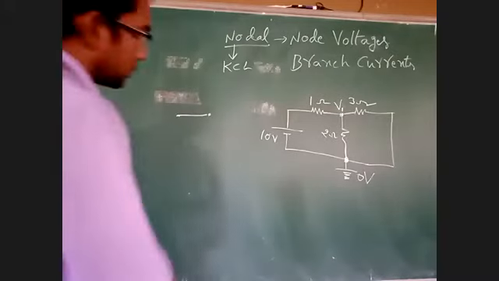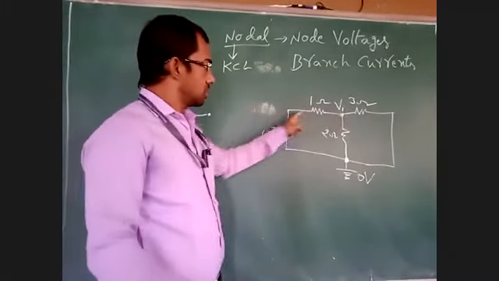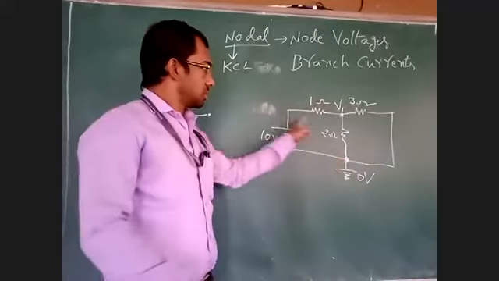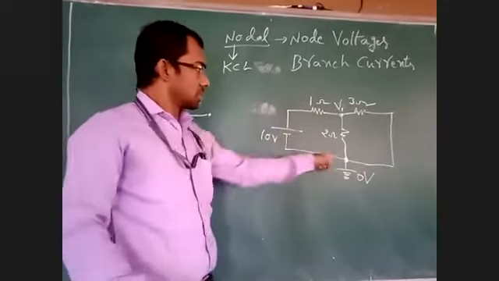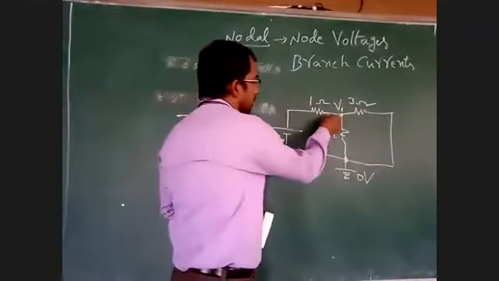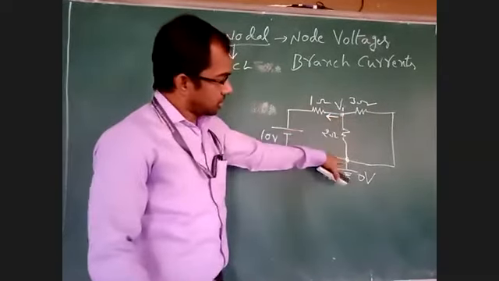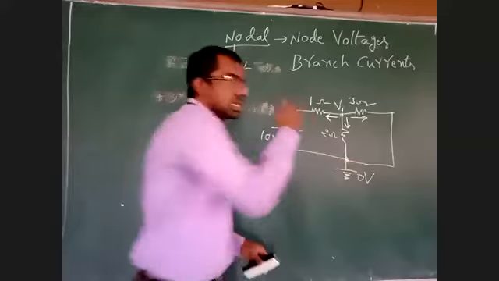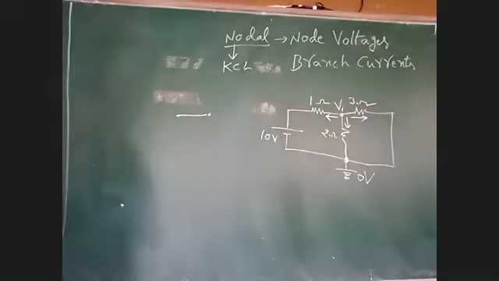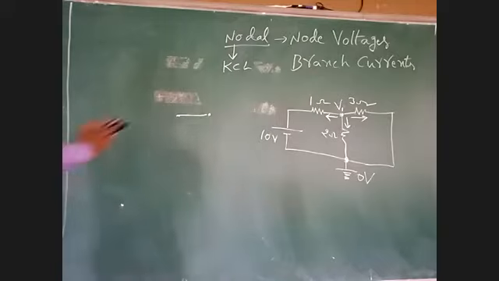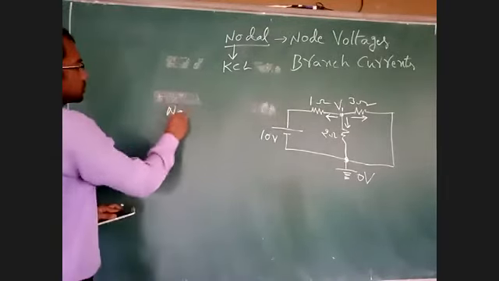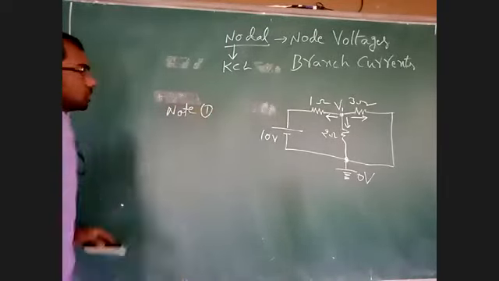Now see here, in between this node and this node, this is one branch. From V1 to 0, another branch. From this side, another branch. Totally three branches are there. Write down node point 1.